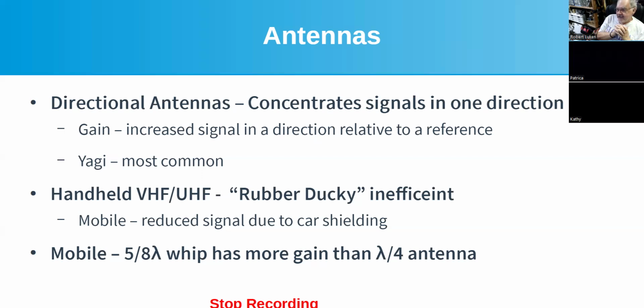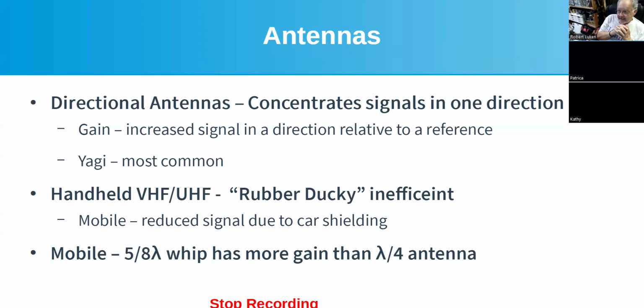Sometimes you're going to have a very inefficient antenna. We call those rubber duckies, which you find on your commercial handheld handy-talkie. The little stubby, 6 or 8 inch rubber thing sticking up has a loading coil in it to make it that short.